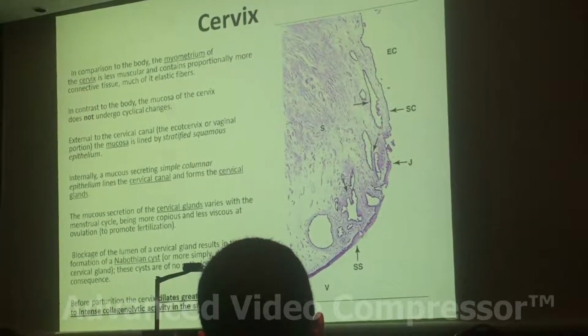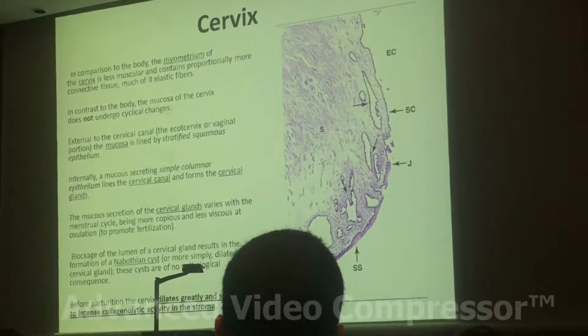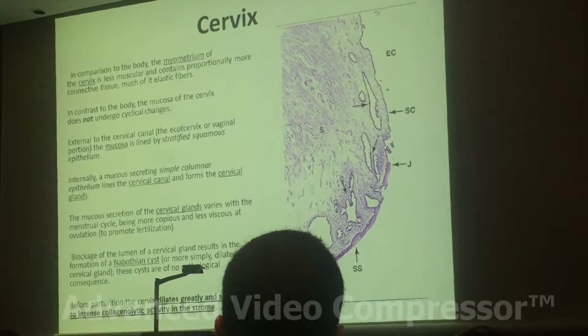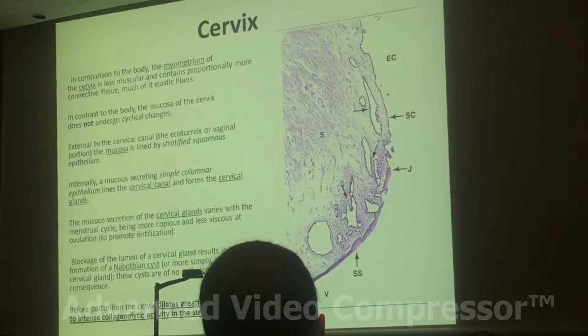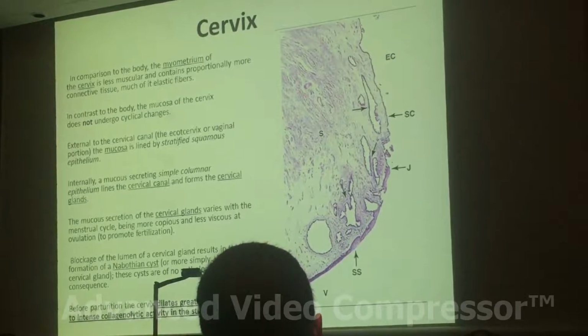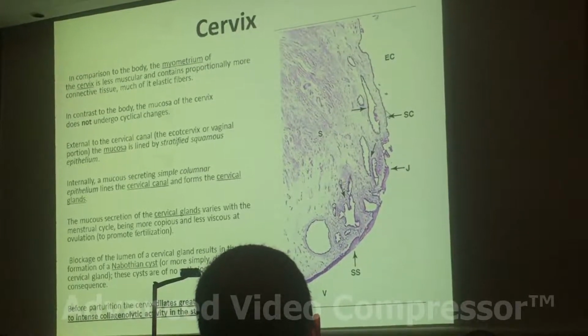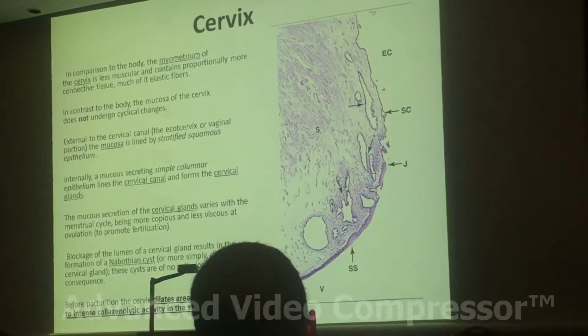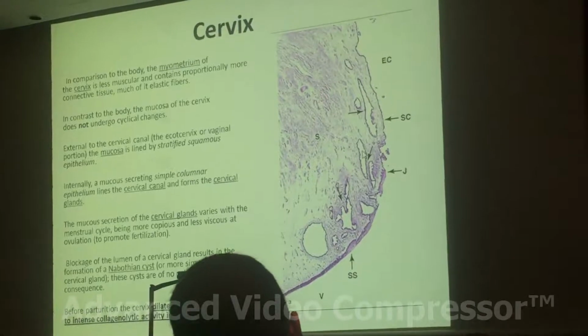But the lower region of the cervix that protrudes into the vagina, which we call ectocervix, is lined with a stratified squamous non-keratinized epithelium. The 2 regions: upper cervix, endocervix, and lower, ectocervix. For the upper cervix, what type of epithelium did we say? Simple columnar, like the rest of the uterus. The upper cervix contains a large amount of glands like the uterus.